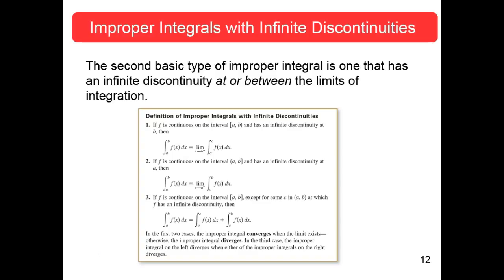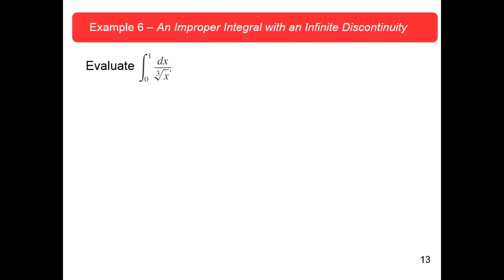Or if you have a discontinuity at a, but it's continuous from a to b, then you can take the integral from c to b and let c approach a only from the right-hand side. See what you get. And if it happens on both sides, then you go. But if you have an infinite discontinuity anywhere, then the whole thing's off.